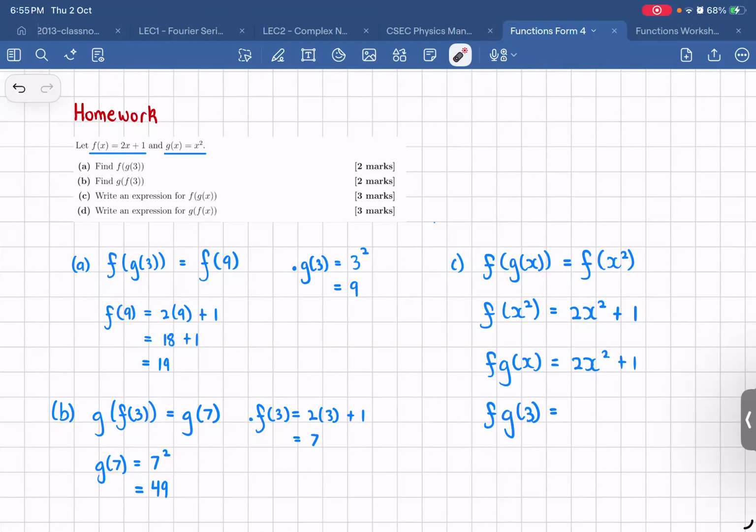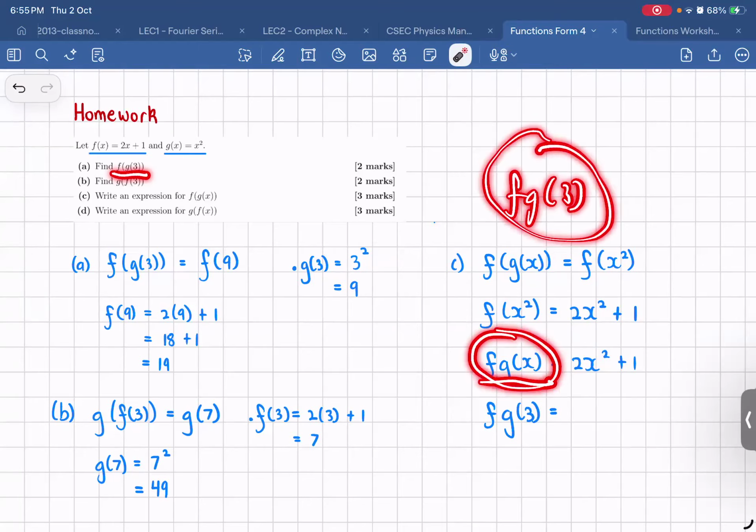If you have f on the outside, what function do you think you should use? f. Real easy, right? But if they want you to find fg of 3, what you would have to use is fg of x. And they kind of look similar. Look at fg3 and look at fgx. Don't they look similar? Yes, sir.